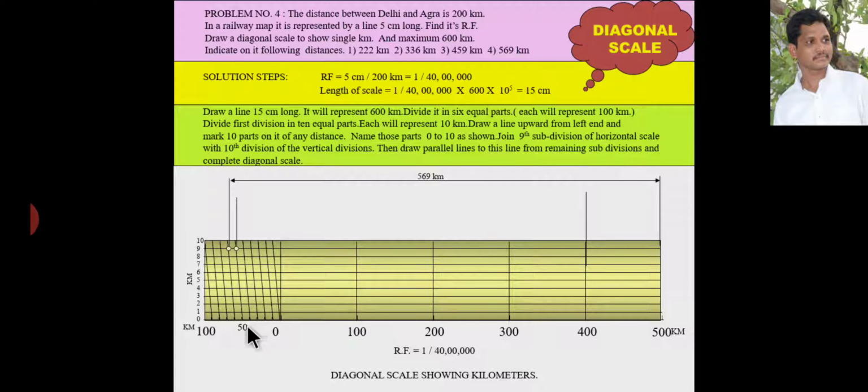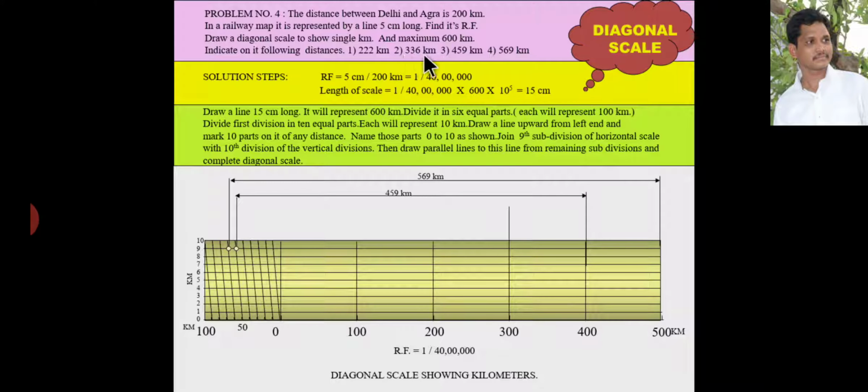So you have to take this 50 line and the 9th line, and the corresponding intersecting point is 59. So from here to here is 59 kilometers, and from here to here 400 kilometers. So totally the value is 459 kilometers.